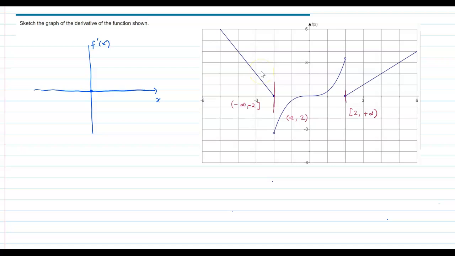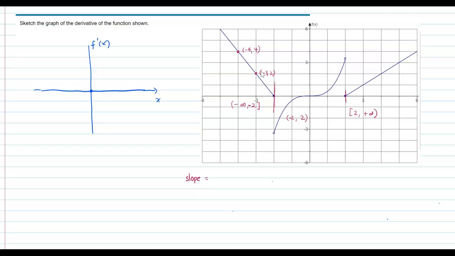To do that, let's find 2 points on that graph and determine the slope. We identified this point here, that is the point negative 3, 2. And this is the point negative 4, 4.